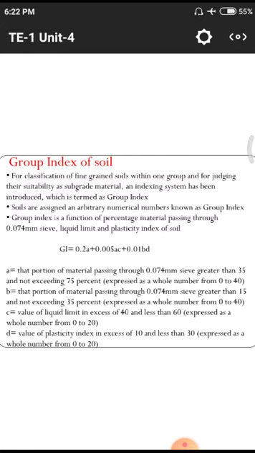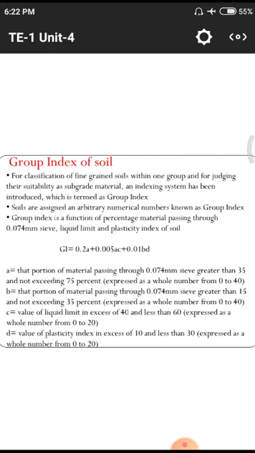Likewise we are having this classification of group index. Once we need to observe those. For classification of fine grained soils into groups, for judging their suitability as subgrade materials, an index system has been introduced, which is termed as group index.